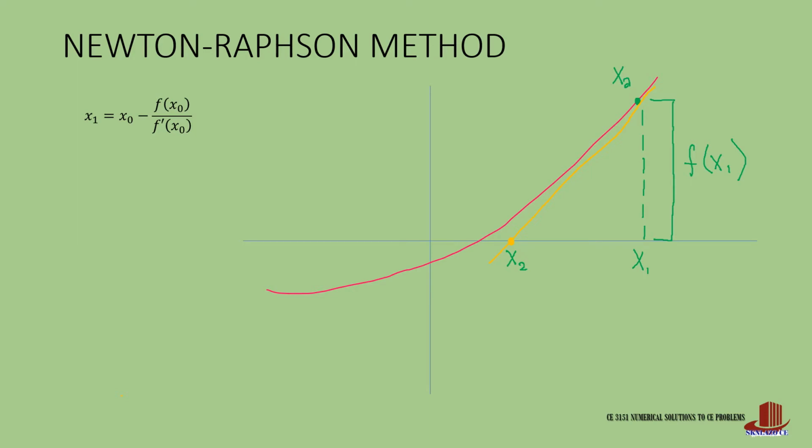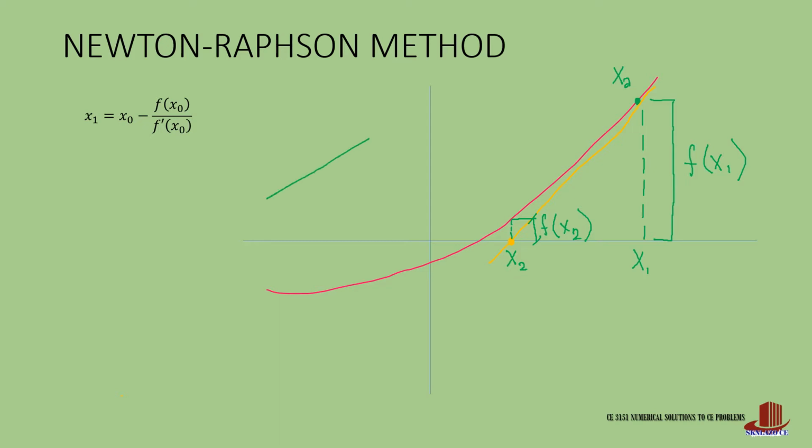F of x would then be the projection of x sub 2 going to the curve. With our tangent line, we can work with your tangent of theta.